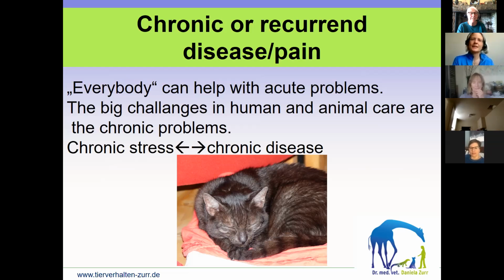Okay. So, if you think about your own animals or the humans around you or yourself, then obviously everybody can get acute problems, acute disease, or acute pain or chronic problems.